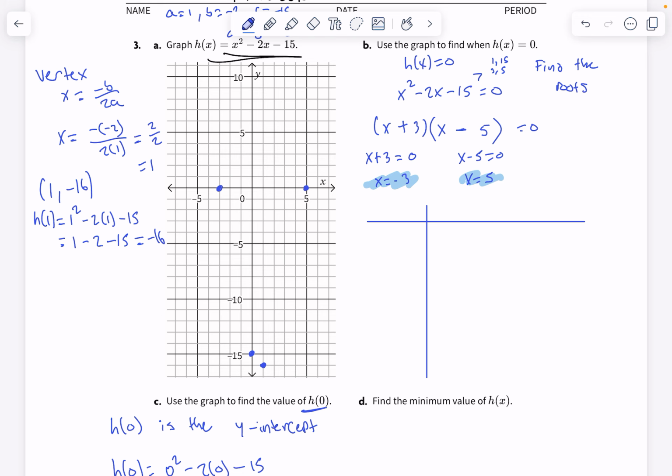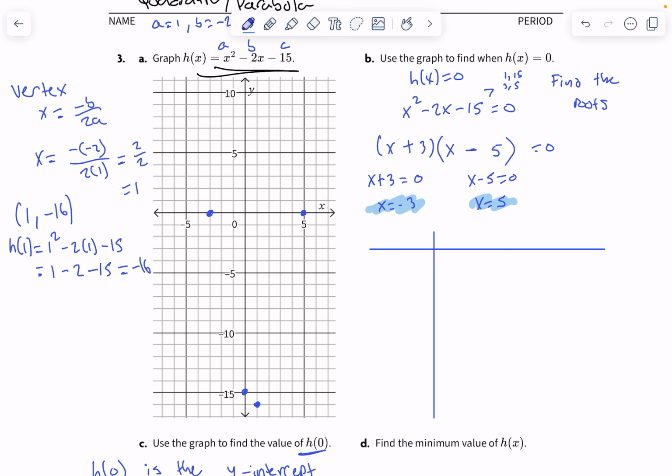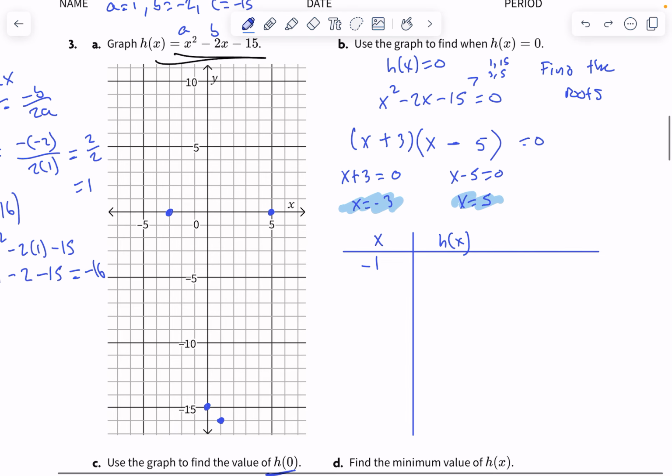So let's go to negative 1. So this is x. This is h of x. At negative 1, we can plug it into this, or we can plug it into this one, whichever one you feel more comfortable with. At negative 1, I'm going to plug it into this.